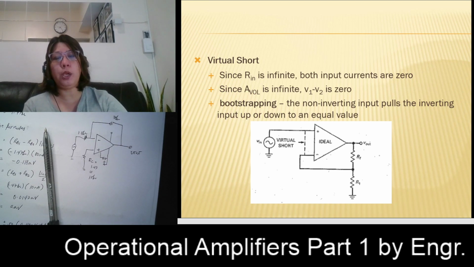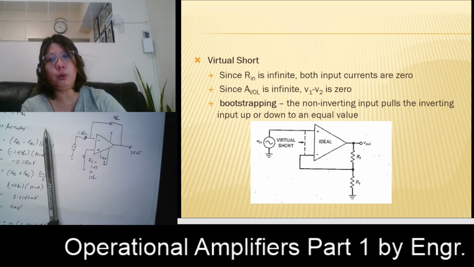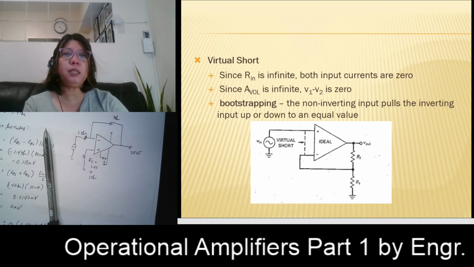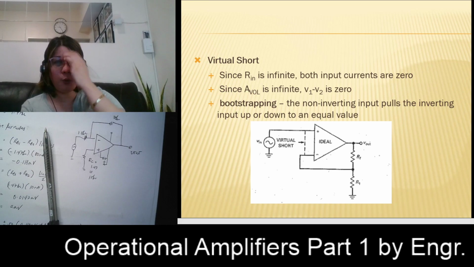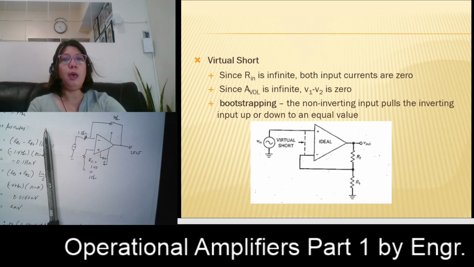And this is how we are going to explain the virtual short in a non-inverting amplifier. Since Rin is infinite, both input currents, at the positive and at the negative input, must be equal to 0. And also, since your AVOL is infinite, the difference between V1 and V2 is also equal to 0.